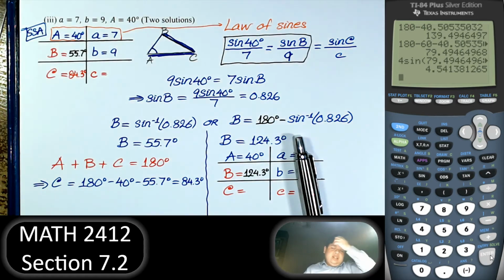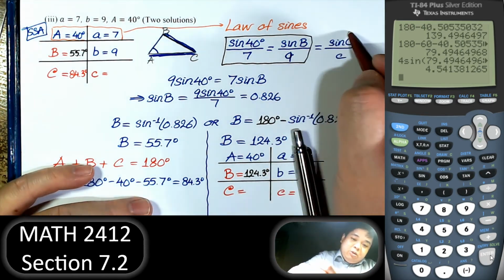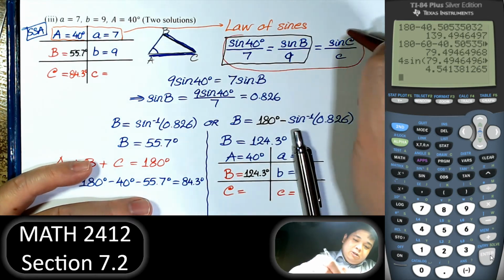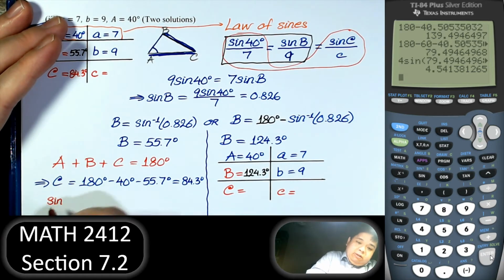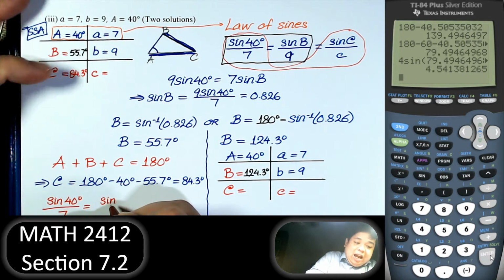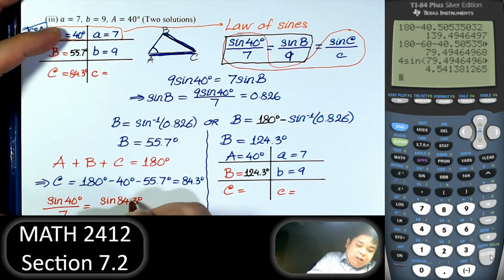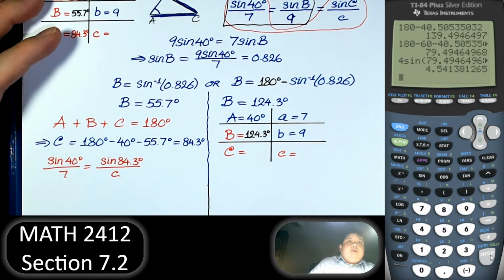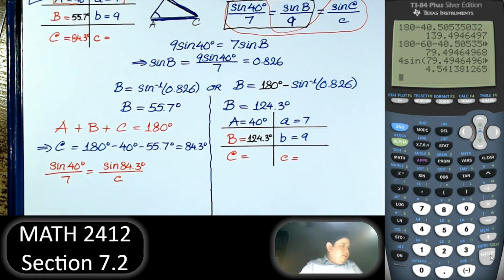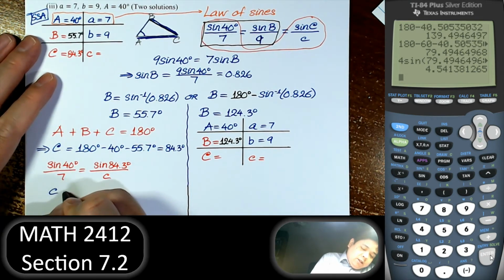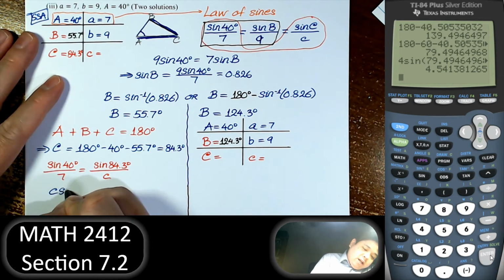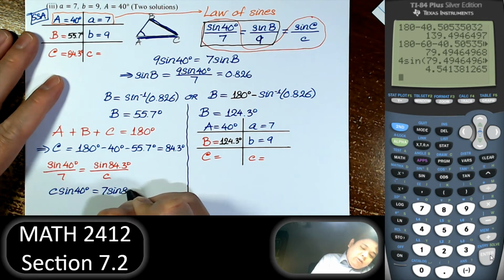Now we just need to find side c. To find it, we can put it back in this ratio. Sine of 40 degrees over 7 equal to sine of angle C, now we know it's 84.3 degrees, over little c. Of course, cross multiply, and we should be able to solve for c. So c sine of 40 degrees equal to 7 sine of 84.3 degrees.